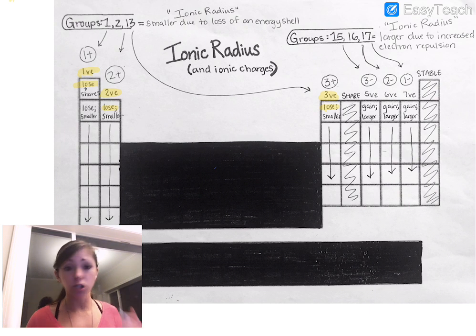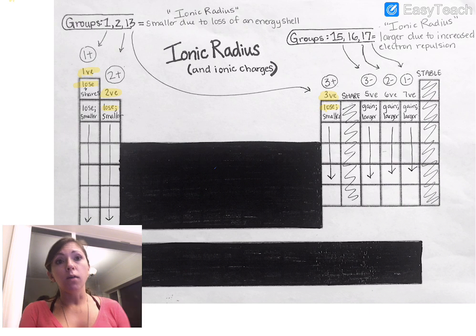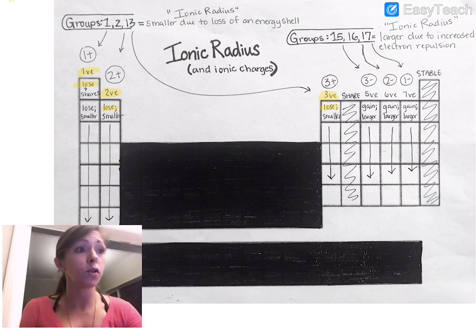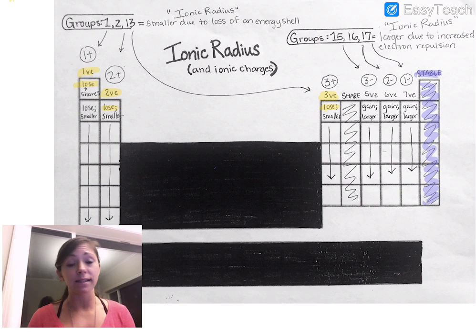They will either lose, gain, or share in order to get that 8 to be chemically stable. Well, we know that the elements of group 18 are already stable. So that's going to be your noble gases. They already have a full valence. They have 8, except for helium. Helium has 2, but that first shell only needs 2, so it's stable as well, okay?